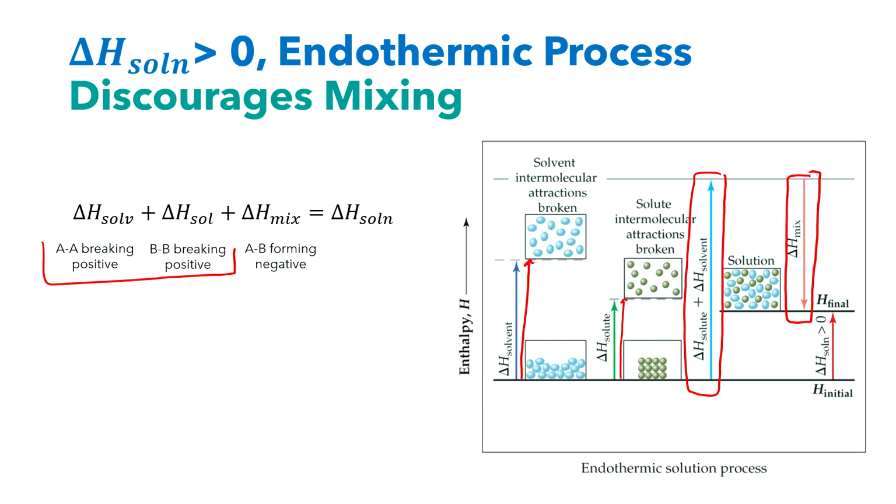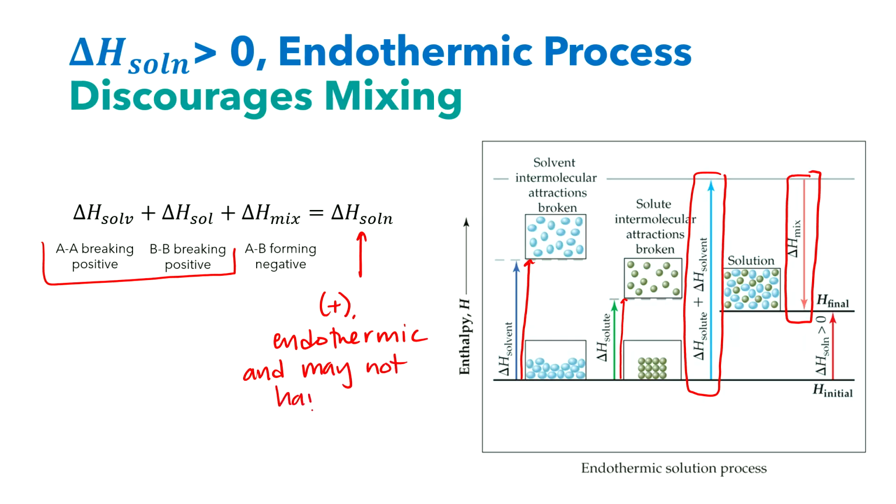That's always going to be negative, but it is not a very big negative number, not enough to be worth the cost of splitting them apart. So I am not optimizing intermolecular forces by doing this mixing process, which means that this delta H solution is positive, which means this is an endothermic process and may not happen.